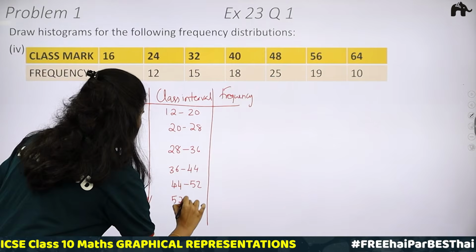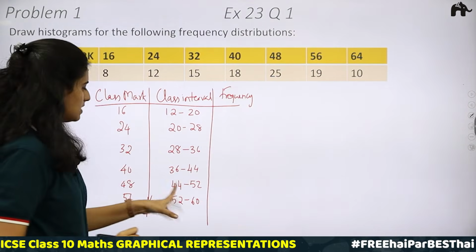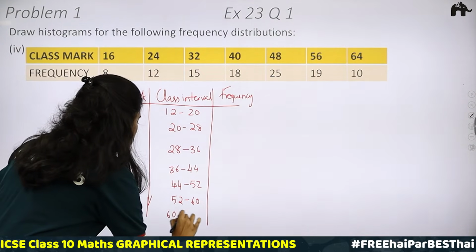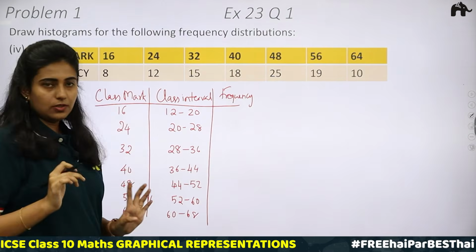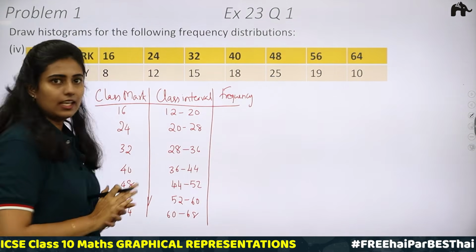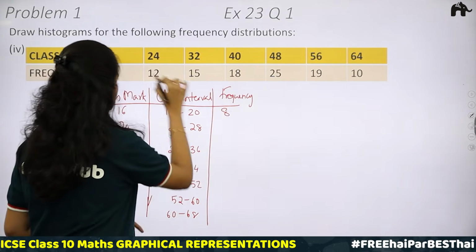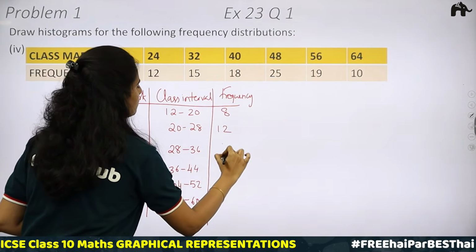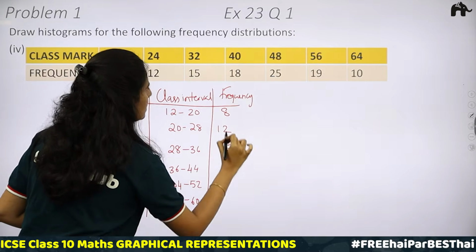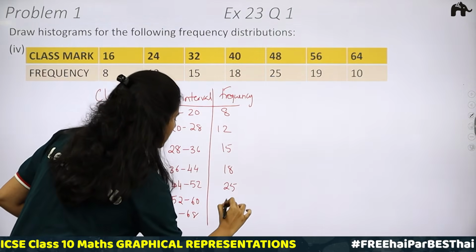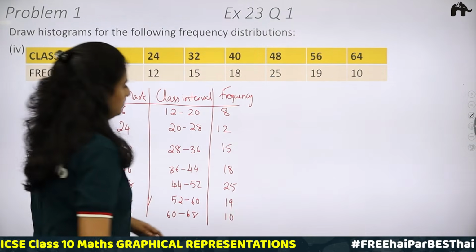Next, 52 to 60. 56 lies between them. And 60 to 68. Okay. So, we have taken the intervals. Next, the frequency is given: 8, 12, 15, 18, 25, 19 and 10.